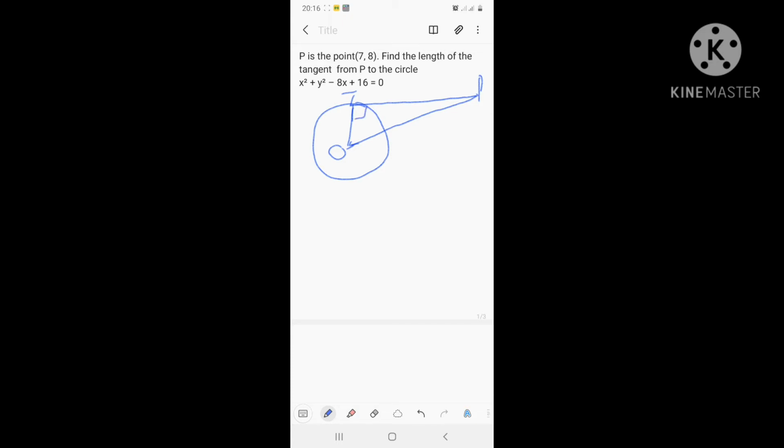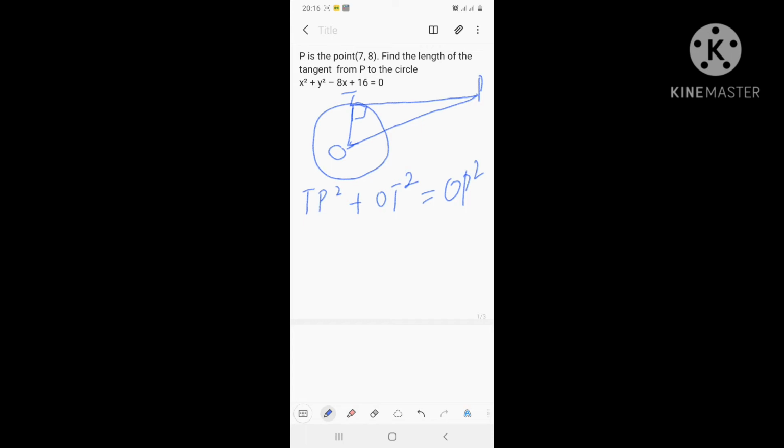So if this is 90 degrees, then we can apply the Pythagoras theorem: TP squared plus OT squared, which is the radius squared, equals OP squared. Here we first have to get the center, then from the center we get the radius, then we use the center to get the hypotenuse, that is OP.